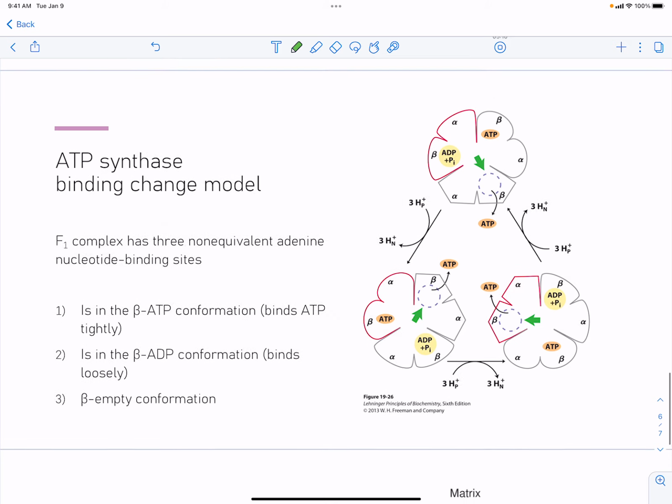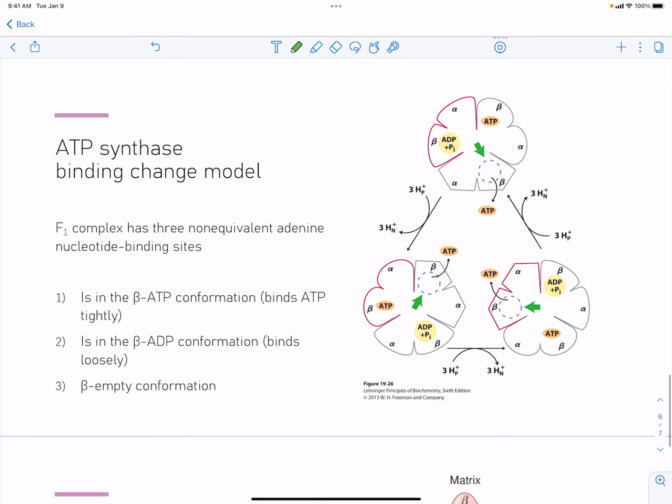Now what happens to make ATP? Well, the ATP is made on the alpha-beta portion of the ATP synthase. So this is the F1 complex, and it has three sort of little flower clover-looking units shown here.